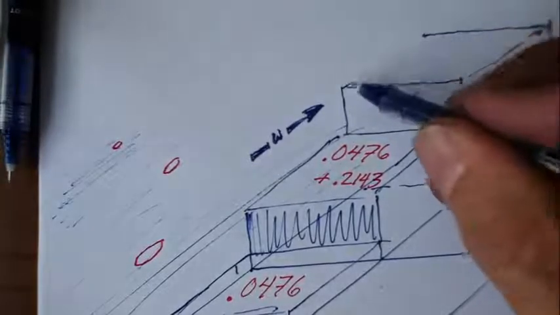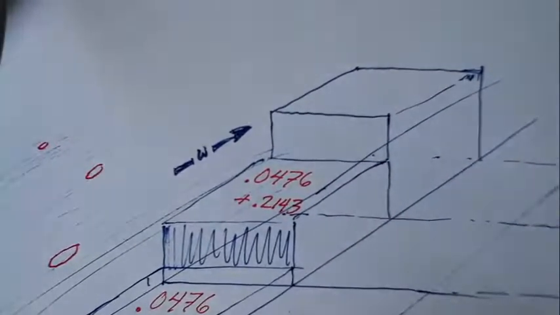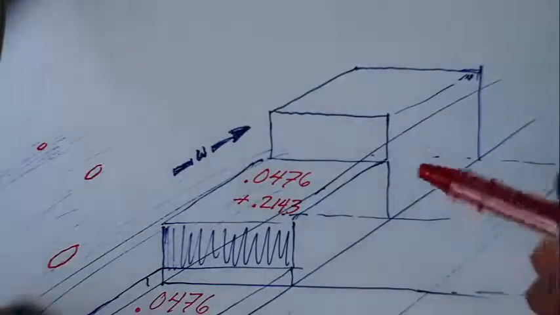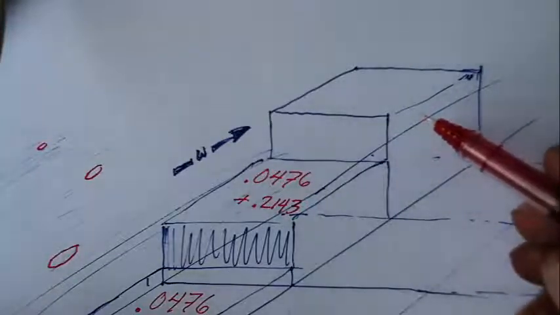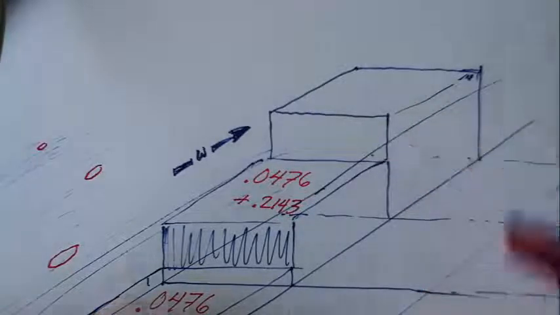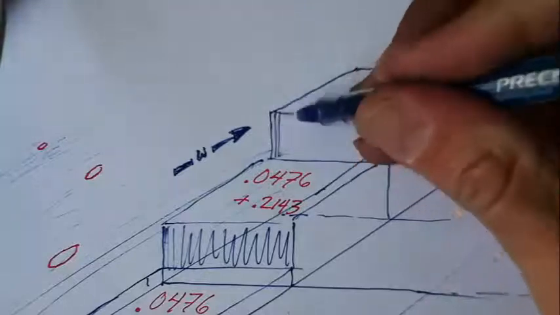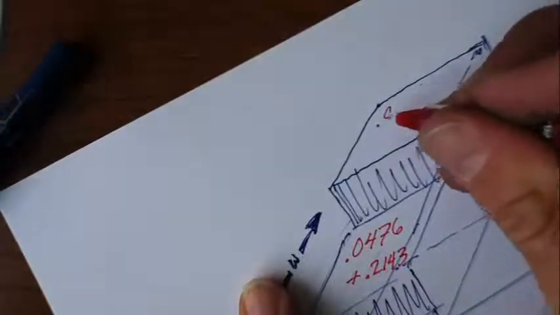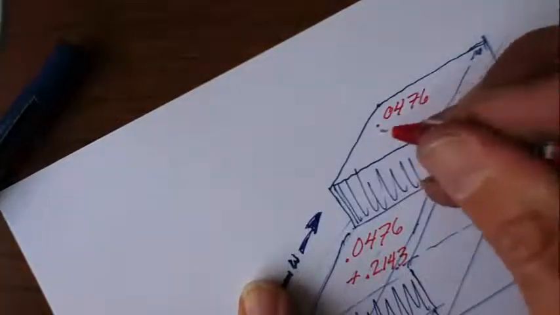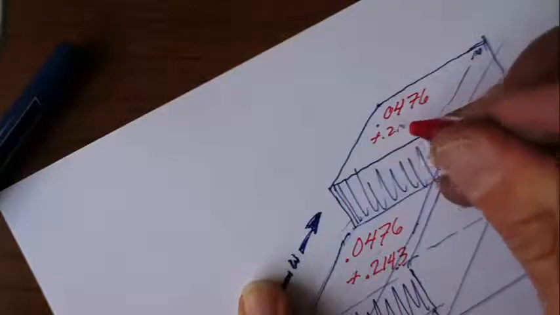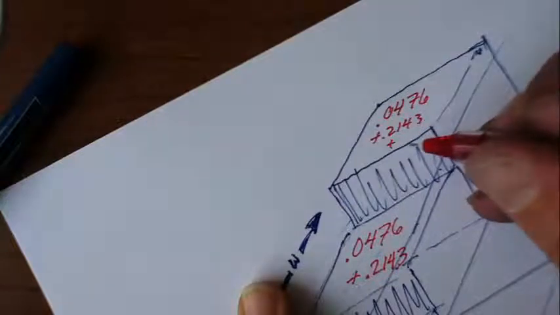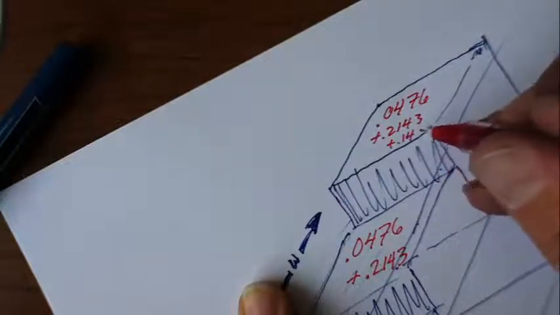Ta-da. This is going to be the chance that I see 0 or fewer red balls and 2 or fewer white balls. That's what I want the height of this block to be. So I'll indicate that here: 0.0476 plus 0.2143, plus the chance that I see 0 red and 2 whites, 0.1429.